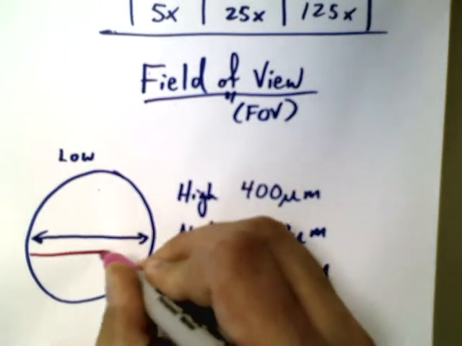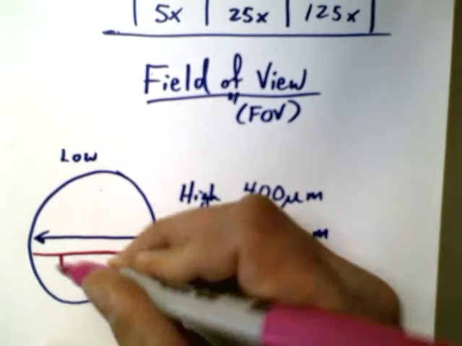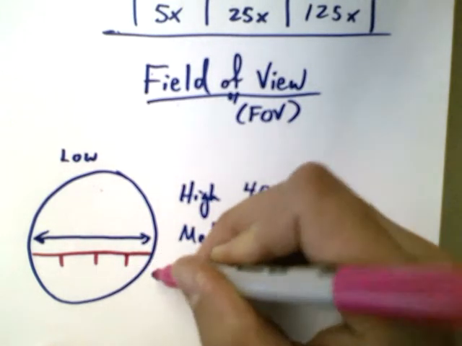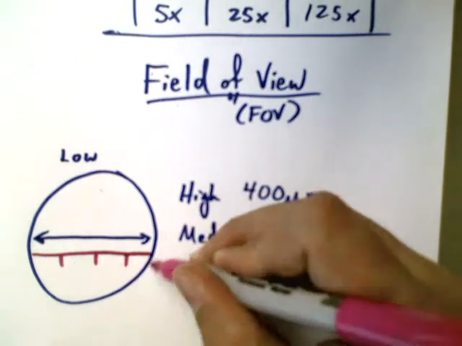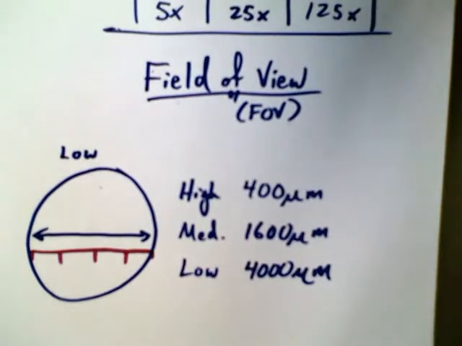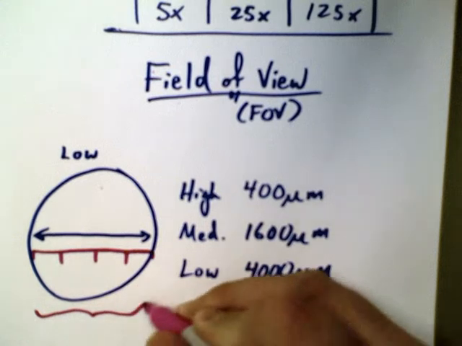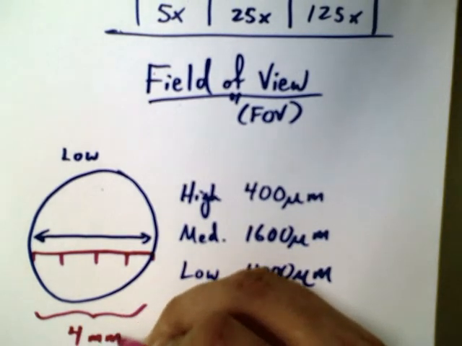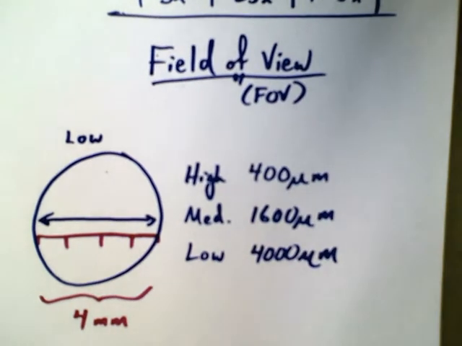And so the pink here is going to be the ruler. Okay. And I could see, after laying down my ruler, can you see how many millimeters are present there? 4 millimeters across. Let's say that I actually put my ruler down on low magnification and I got there to be 4 millimeters across. Does that agree with what we just said over here?